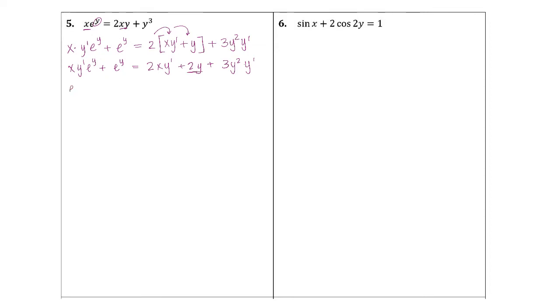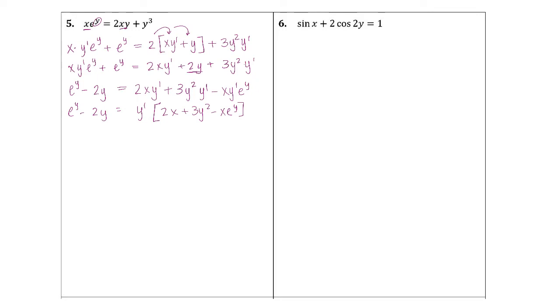So we have e to the y minus 2y equals, and then over on this other side we have 2x y prime plus 3y squared y prime, and then I'm going to subtract over x y prime times e to the y. Now what we're going to do is factor out a y prime, and what's left over is going to be 2x plus 3y squared minus x e to the y.